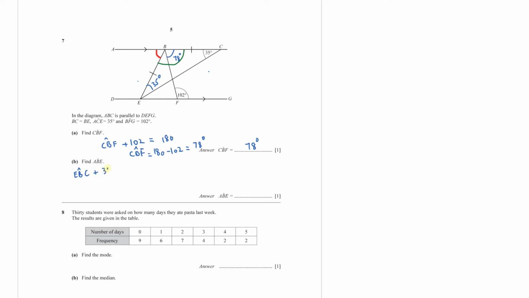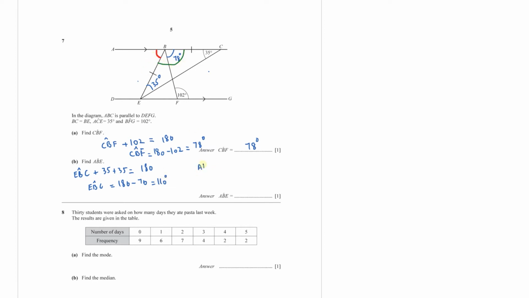So EBC would be equal to 180 minus 70, which is 110 degrees. So I know that this green angle is 110.